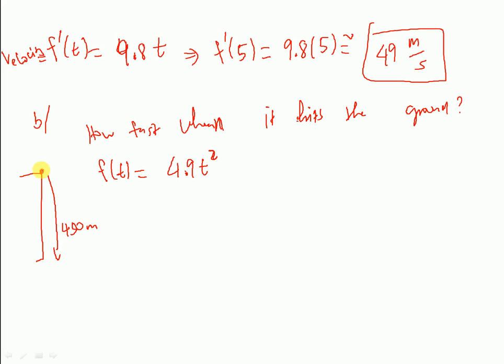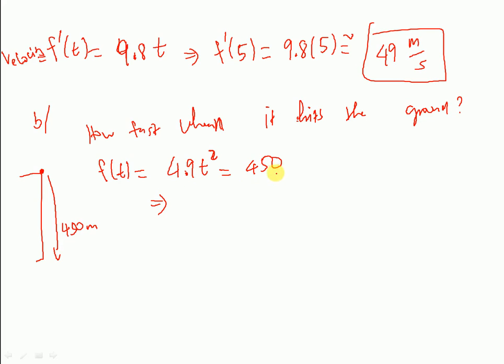So your position function starts from here. If the ball hits the ground, it must travel a distance of 450 meters. So you can set this position function equal to 450. Then we can solve for the time t that makes your ball travel 450 meters, which means it's hitting the ground.